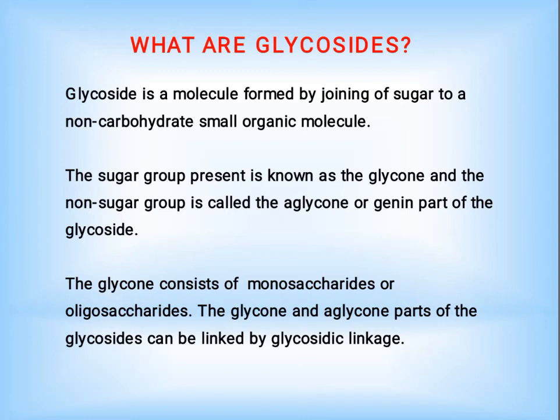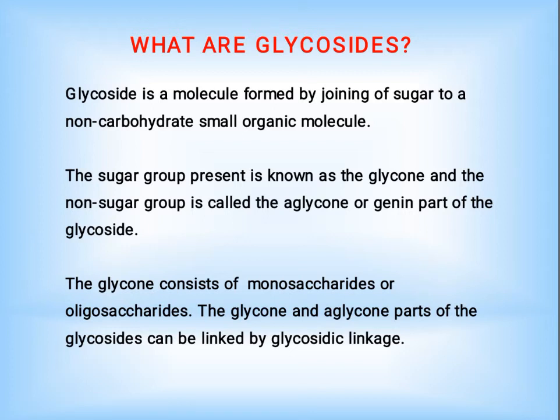Glycoside is a molecule formed by joining of sugar to a non-carbohydrate small organic molecule. So, whenever we say the term glycosides, its chemical structure should be like this. Glycoside will show the presence of sugar which is bonded to a non-carbohydrate small organic molecule. The sugar group present in glycoside is known as glycone and the non-sugar group is called aglycone or genin.